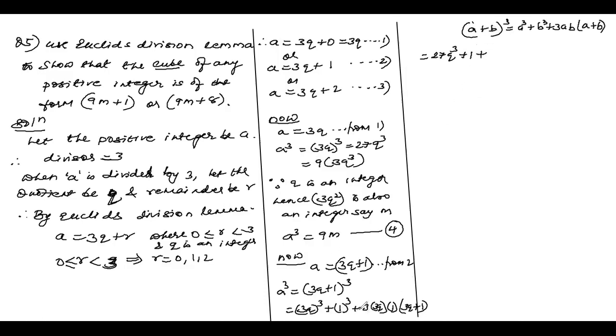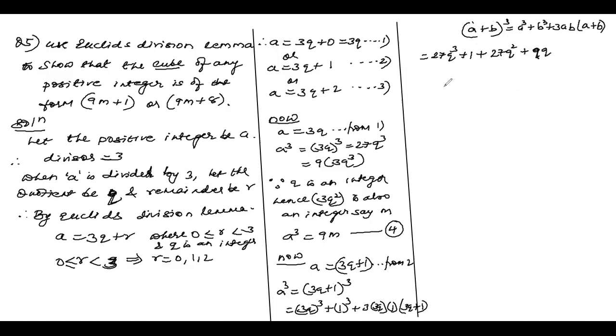Plus, here, what is this? 3 into 3 is 9, 9q into 3q is 27q square, plus 9q into 1 is 9q.